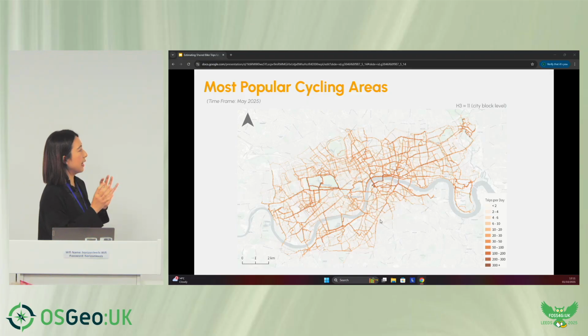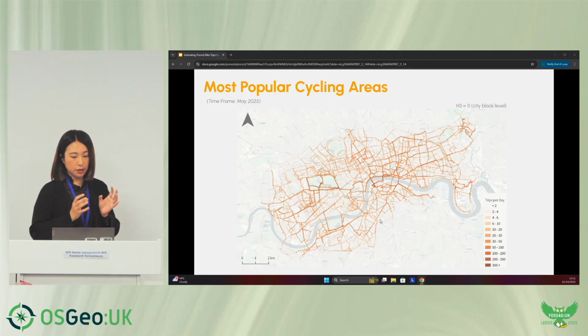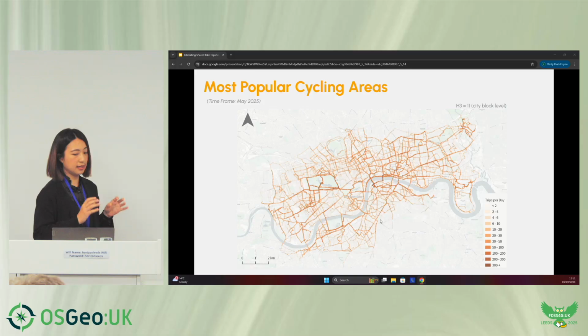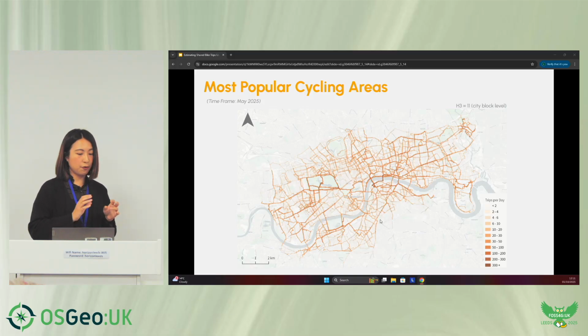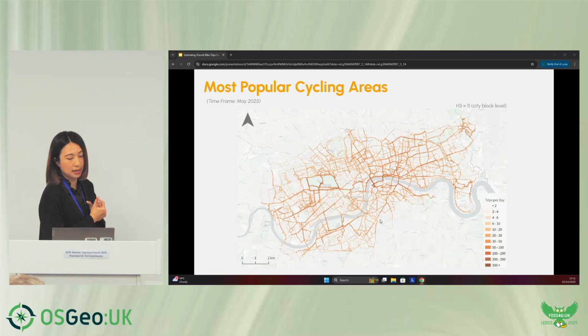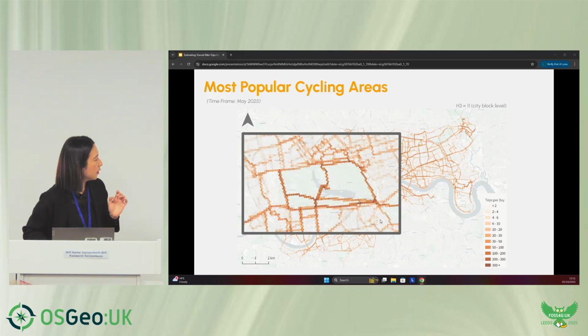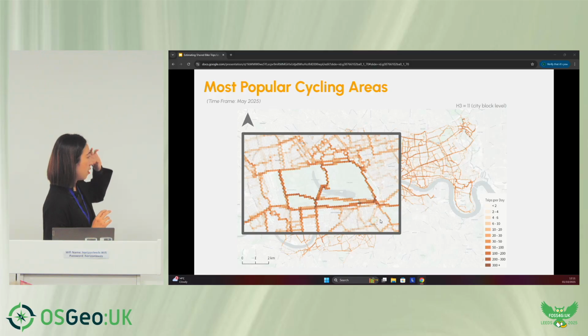So I aggregated all the routes using H3 hexagon grids at resolution 11, which is roughly city block level. For each hex, I can calculate the number of trips passing through the area. If I zoom into the graph, you can see the routes covered by smaller hexes, and the darker the hex is, the more trips pass through that area.